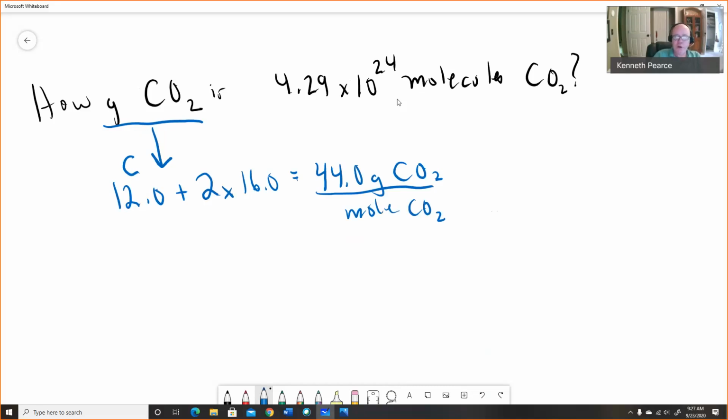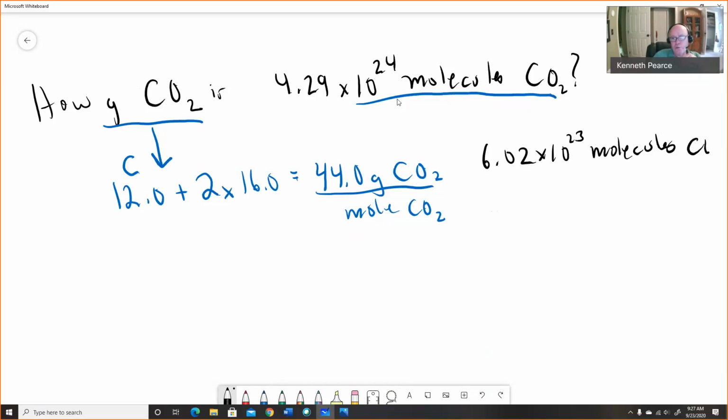But we're not finished here, because what do we see here? We see molecules CO2, so I know I need 6.02 times 10 to the 23rd molecules CO2 for every mole CO2.